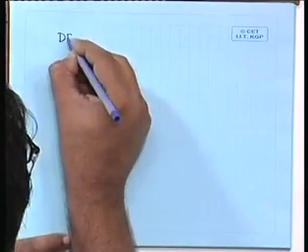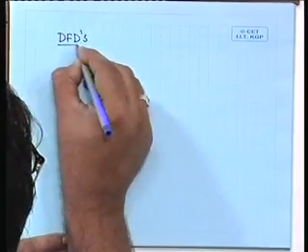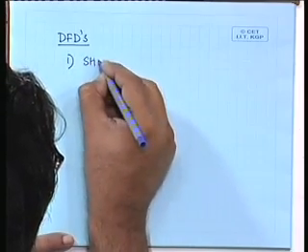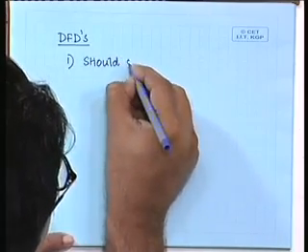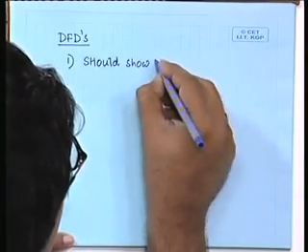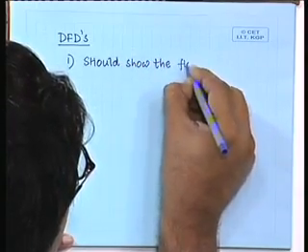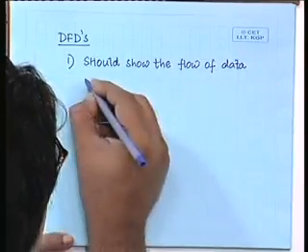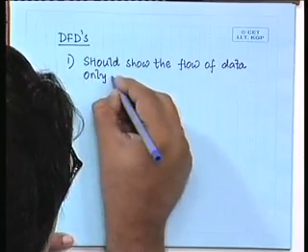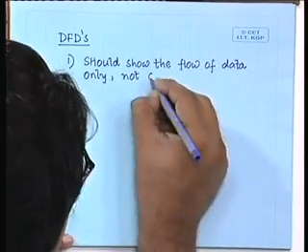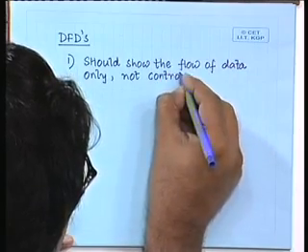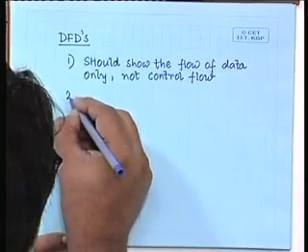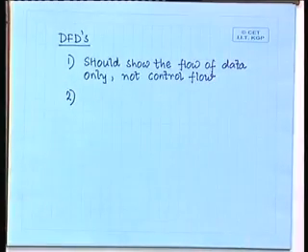In short, we call them DFDs. They should show the flow of data only and not control flow.